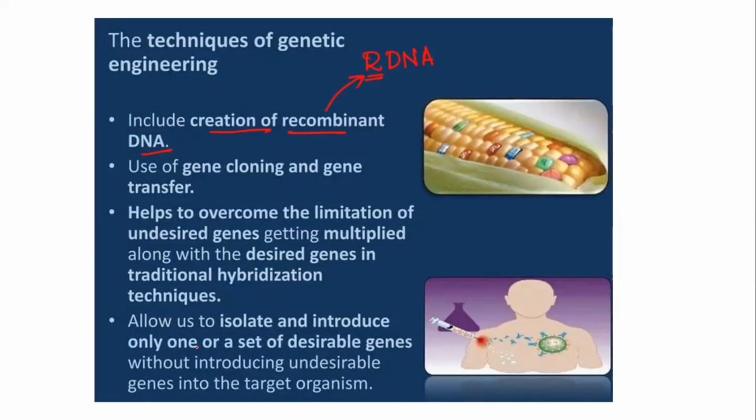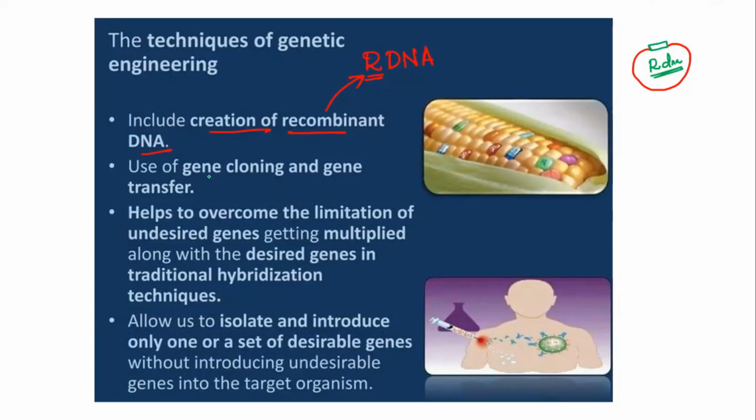For example, if this is the normal DNA of an organism, as we discussed in the previous slide, the bacteria, that is the host DNA, and we are inserting a particular DNA to it, the desired DNA or the gene of interest. So here we have the recombinant DNA, rDNA. Understood? So it is a recombinant. That means we are combining two kinds of DNA.